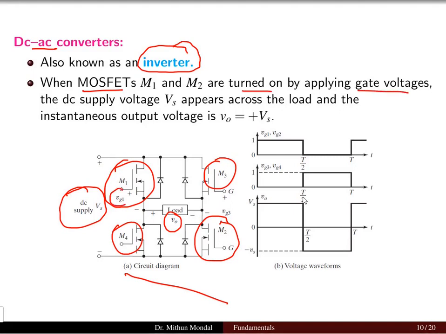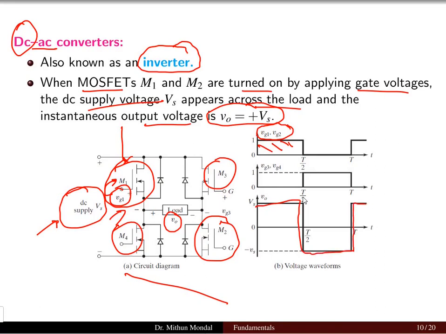So the gate voltage controls the turn on and turn off of a particular MOSFET, and the DC supply voltage Vs appears across the load, and the instantaneous output voltage is plus Vs. Using the MOSFET as an example here, by controlling the gate pulse we are able to turn it on. MOSFET 1 and MOSFET 2 are turned on in the first instant, and MOSFET 3 and MOSFET 4 are turned on in the second instant.